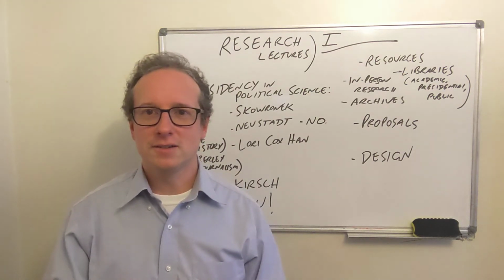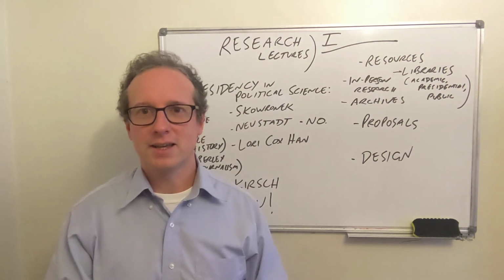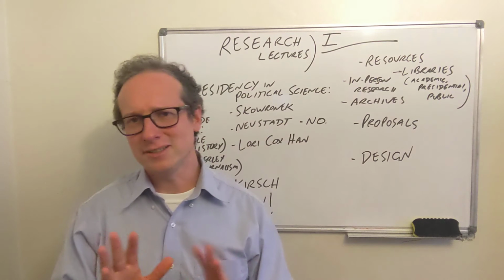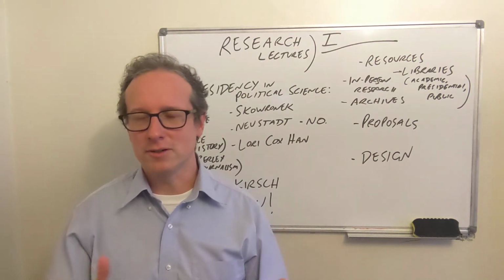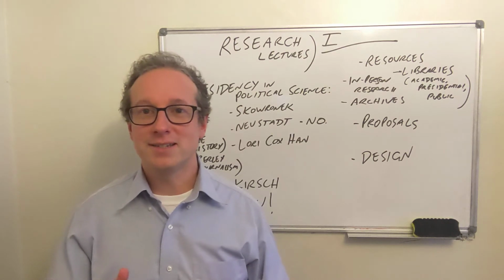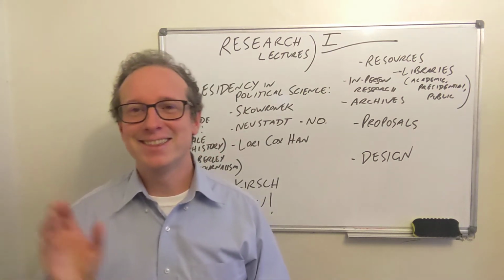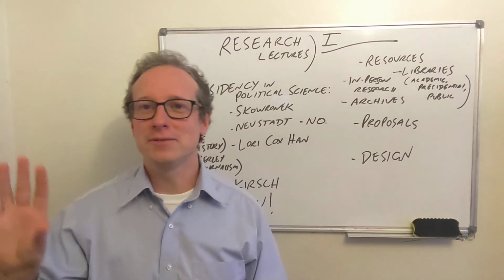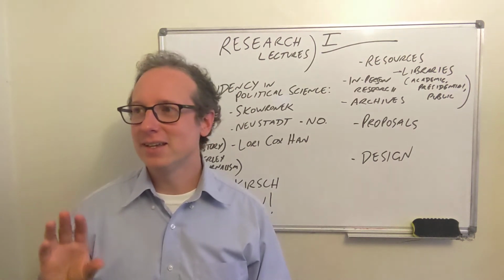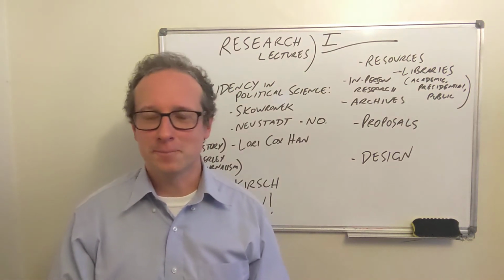Skowronek is often called upon these days. He's retired at Yale now, I think. I actually don't know, but he's been at Yale for a good number of years, and he's often called upon to say, "This president is a disjunctive president. This president is a transformative leader. This president is an orthodox innovator. This president is whatever other archetype."